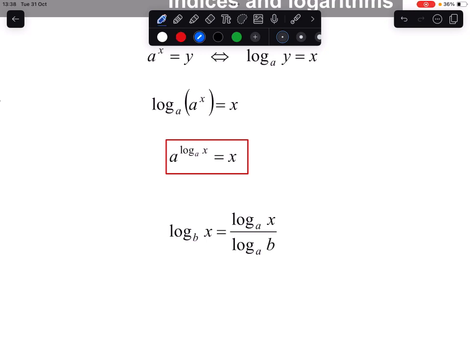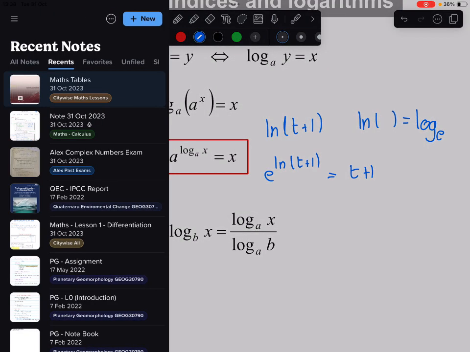So in the example we were just given, we were trying to figure out how to get this t plus 1 out of the natural logarithm. Well, what is ln of any number? That's log to the base e. So by raising e to the ln of t plus 1, it just meant that whatever was inside the brackets of the natural logarithm came out. So this was equal to t plus 1. And that's how I was able to take that out and just find t as itself.